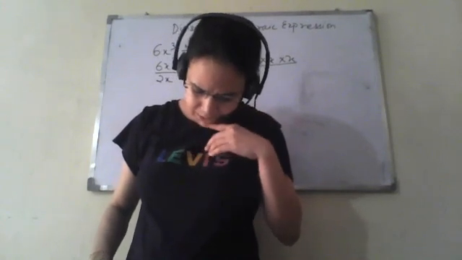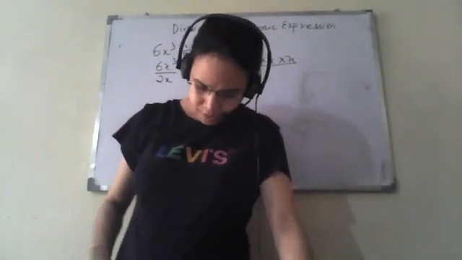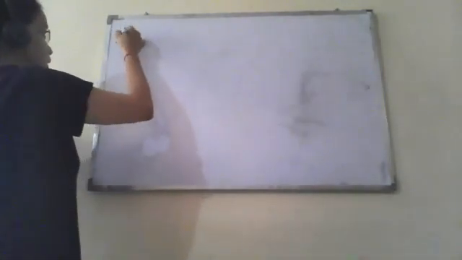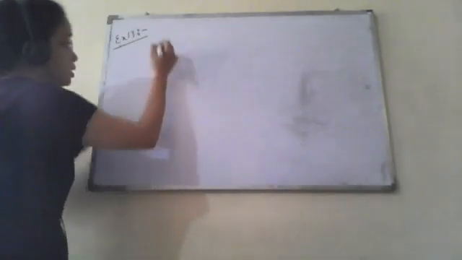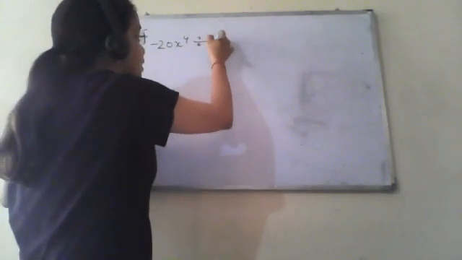Now we'll do some examples. Example 13. We have to divide minus 20x raised to power 4 by 10x cube.